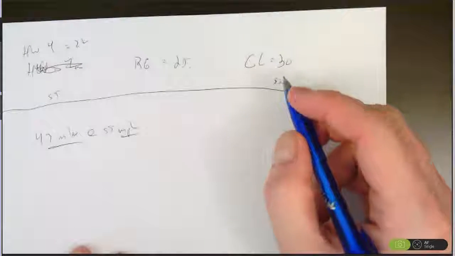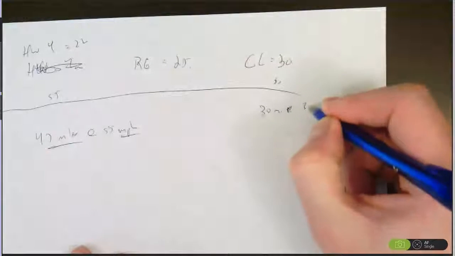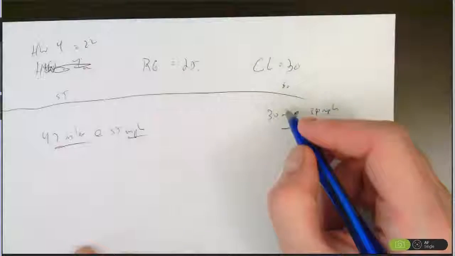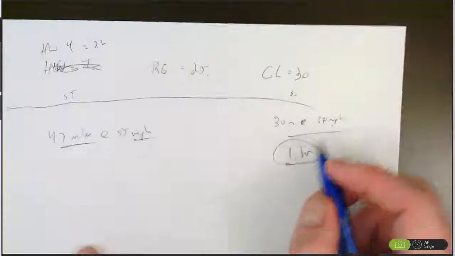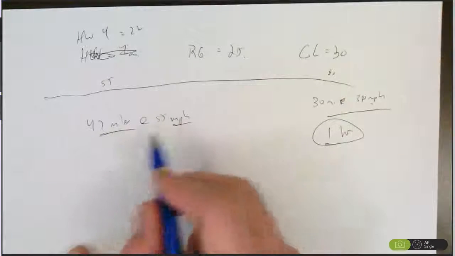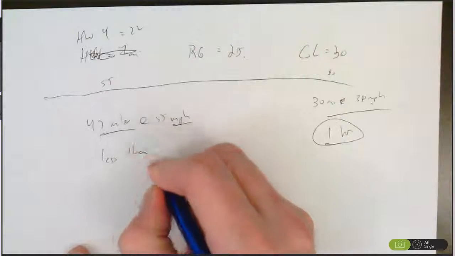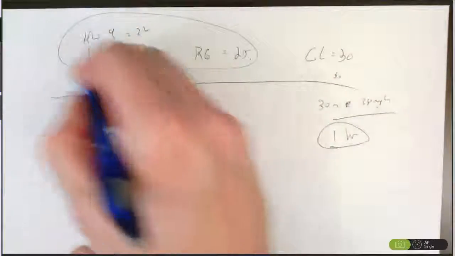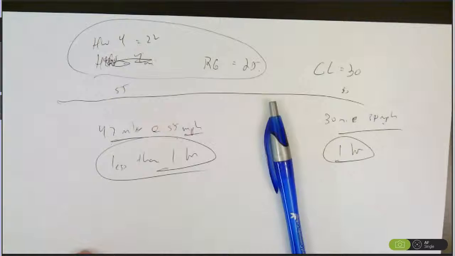County Line Road is 30 miles at 30 miles per hour. If I look at these distances, County Line is going to take me 1 hour: 30 miles in 1 hour. On the other one, I'm going 47 miles at 55 miles an hour, so this has to be less than 1 hour. So it'd be better to take the two longer distances than the shorter one, which is strange, but that's the way it works out with the time.